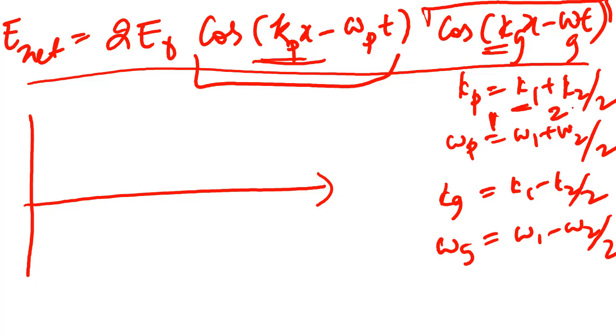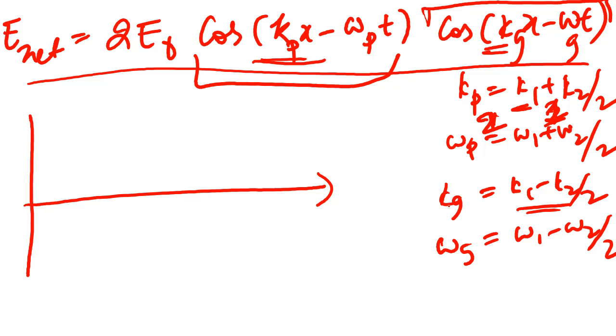Or let's do it the other way around for simplicity, 2 and 1. Then (k1 plus k2)/2 would be 1.5, whereas (k1 minus k2)/2 would be just half.